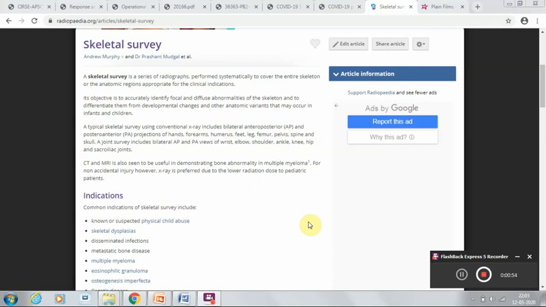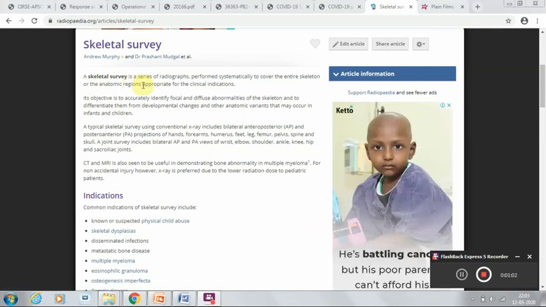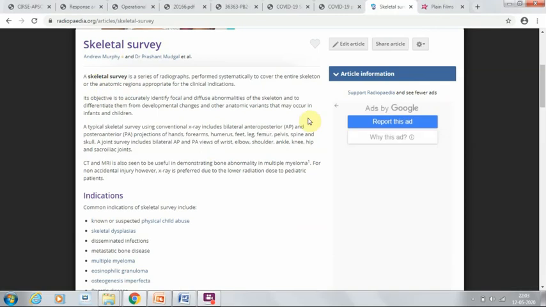Okay, so skeletal survey means, as you can see here, a series of radiographs performed systematically to cover the entire skeleton or an anatomic region appropriate to clinical indications. This is for identifying any focal or diffuse abnormalities in the skeleton.